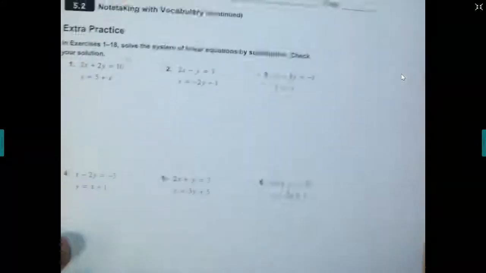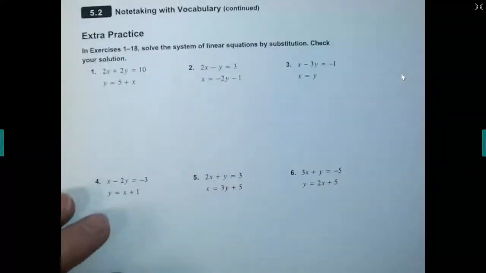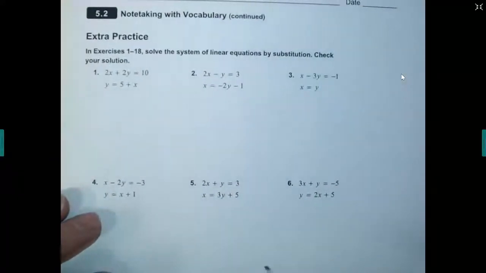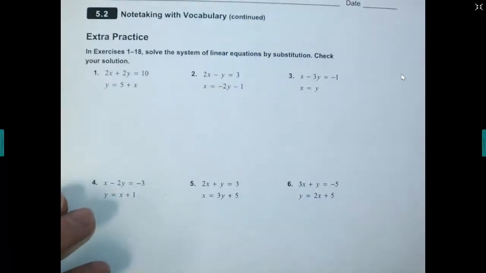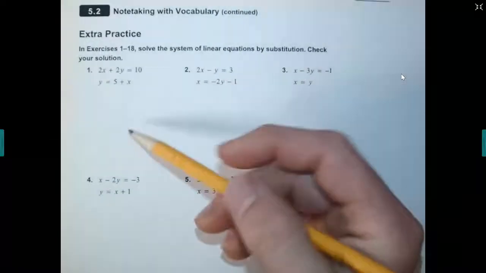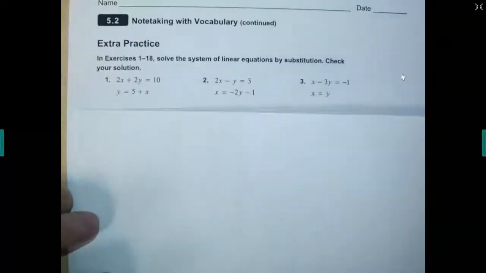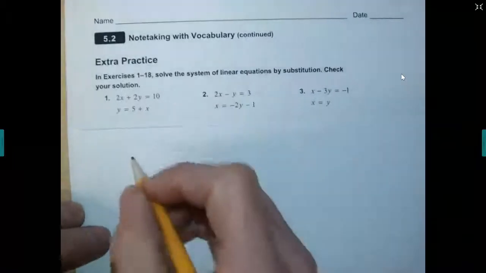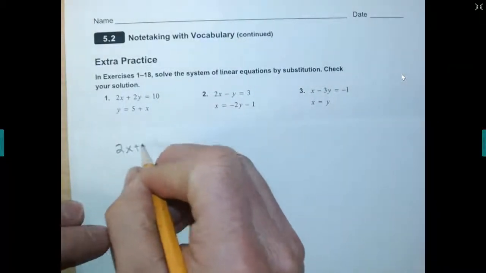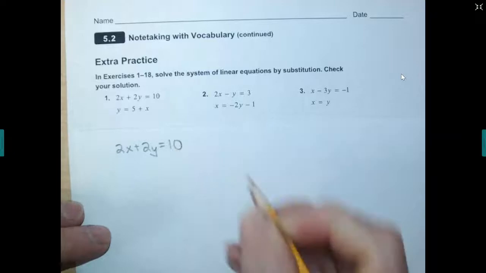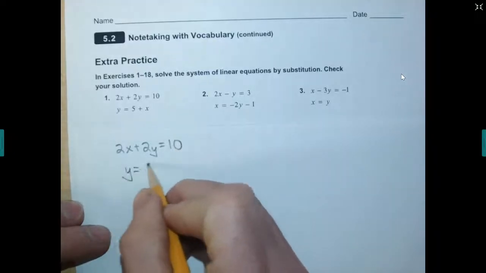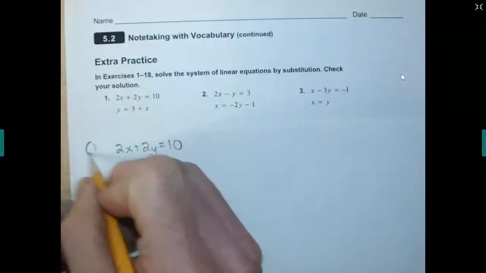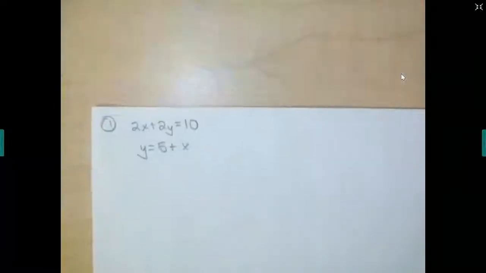Now, if you'll turn with me to page 130, we will start going over the odds, and you'll be required to have the odds and the evens. Again, way too much work to fit right here. They didn't give us hardly enough space. So, number 1: 2x plus 2y equals 10, and y equals 5 plus x. Well, look at that.